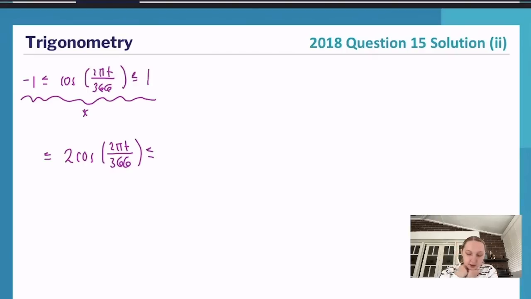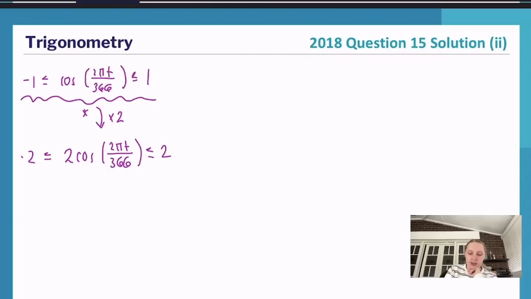And so what we've done to the middle is times it by 2, right? To get from here to here, we've times it by 2. So we're going to do the exact same thing to either side. And we're going to get -2 to 2. Right? So that's thinking about our amplitude.